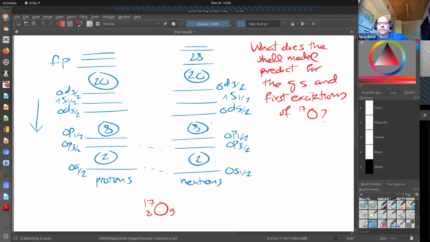Easy case. So what we do now is we fill up the building according to the Pauli principle, right?